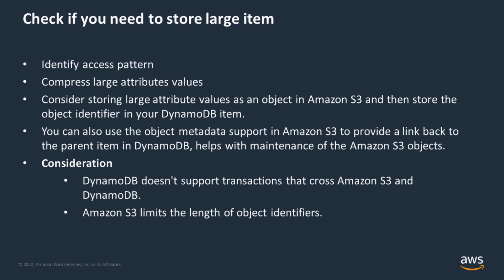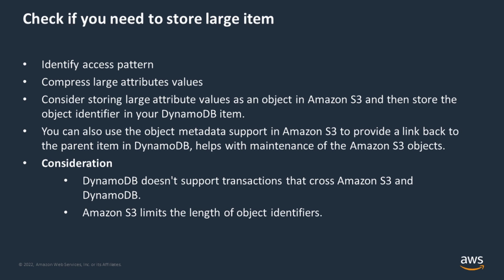If it doesn't need to be used frequently, or it's okay if it takes a little bit longer to retrieve the large attribute values, then potentially you could store those in S3 and just keep the metadata about them in DynamoDB so that you can show data about those attributes in your user interface or allow users to search and filter on them. That's why you want that stuff in DynamoDB.